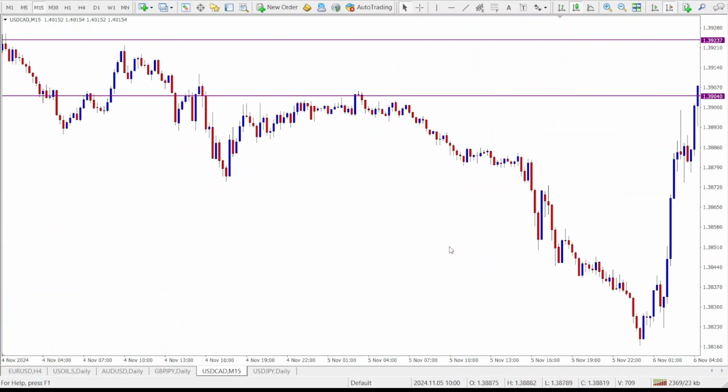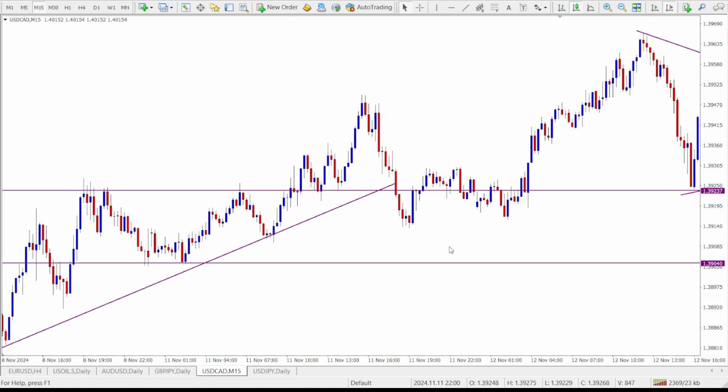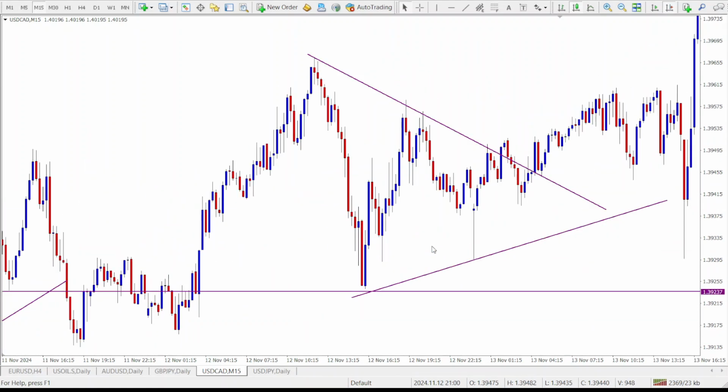Then we have symmetrical triangles. These have converging trend lines with both the top and bottom sloping toward each other like this. A breakout could happen in either direction, so it's important to wait for the price to break out before entering.